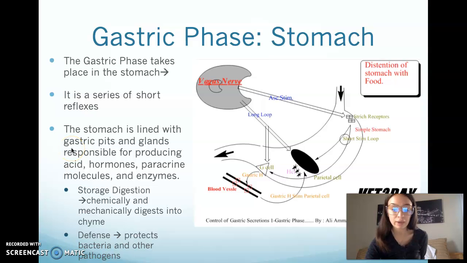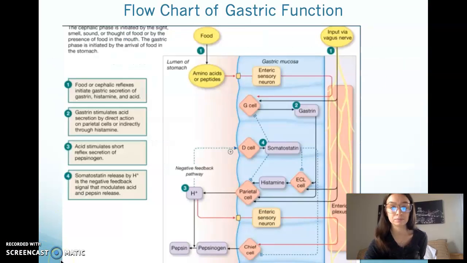And there are two subcategories, one being storage and digestion in the stomach, which is chemical and mechanical digestion into chyme, which is more of a liquid substance, and then the defense of the stomach, which protects us from absorbing any pathogens or bacteria. I included this slide because it's a flow chart that includes everything for gastric function.